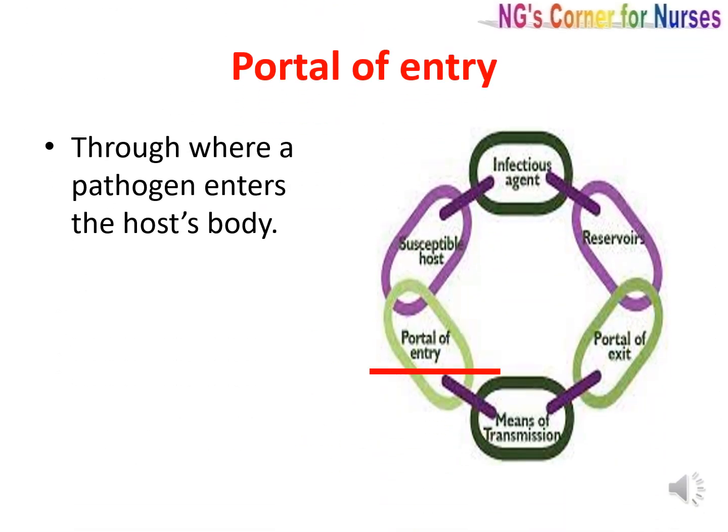Next is the portal of entry, through which a pathogen enters the host's body. The portal of entry is how a pathogen enters a susceptible host, providing access to tissues where it can multiply or toxins can act. Many infectious agents use the same entry point to exit the source host and enter a new host.